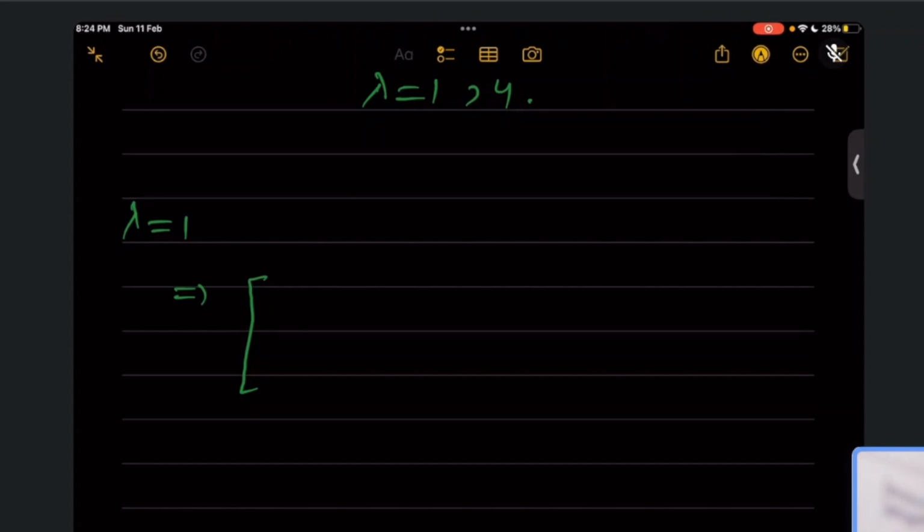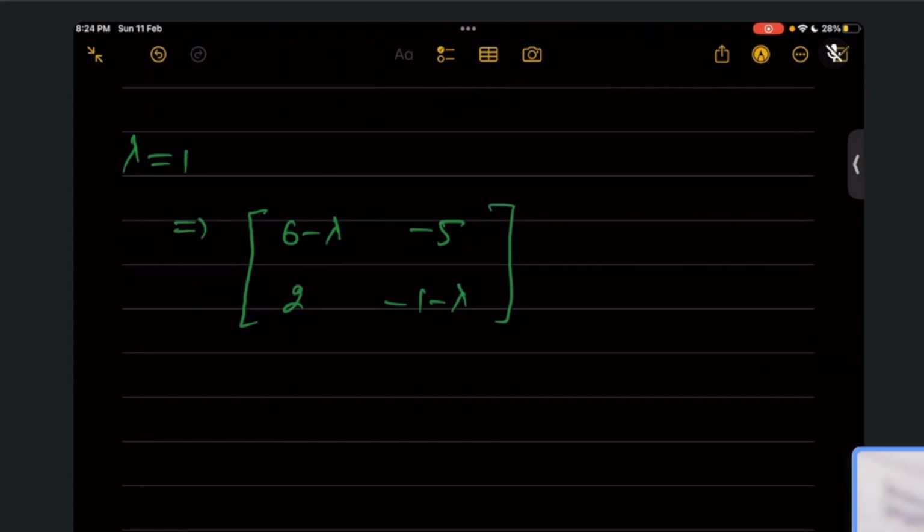Now putting lambda equal to 1 here, what do we get? 6 minus 1 is equal to 5. Then it will be -5, it will be 2 only, and here it will be -2, right?